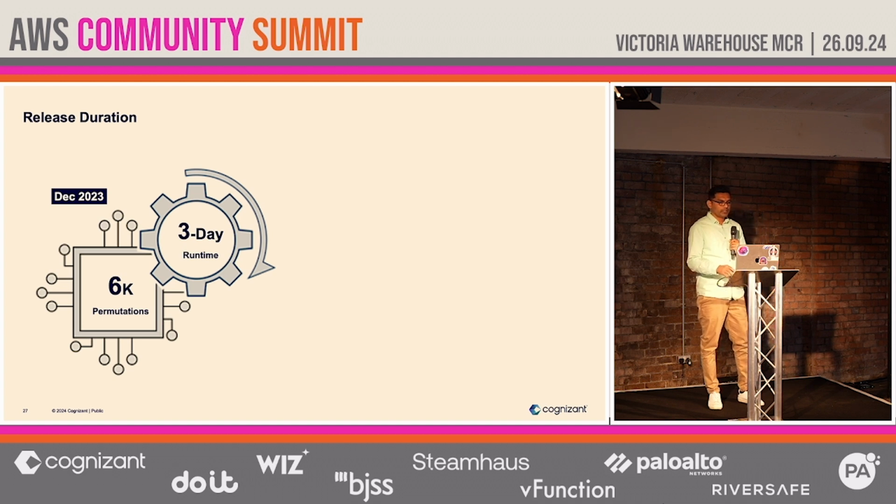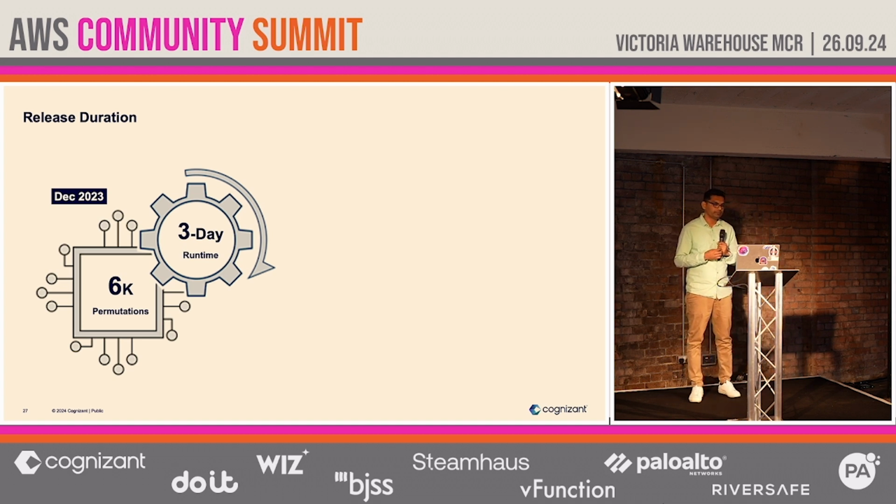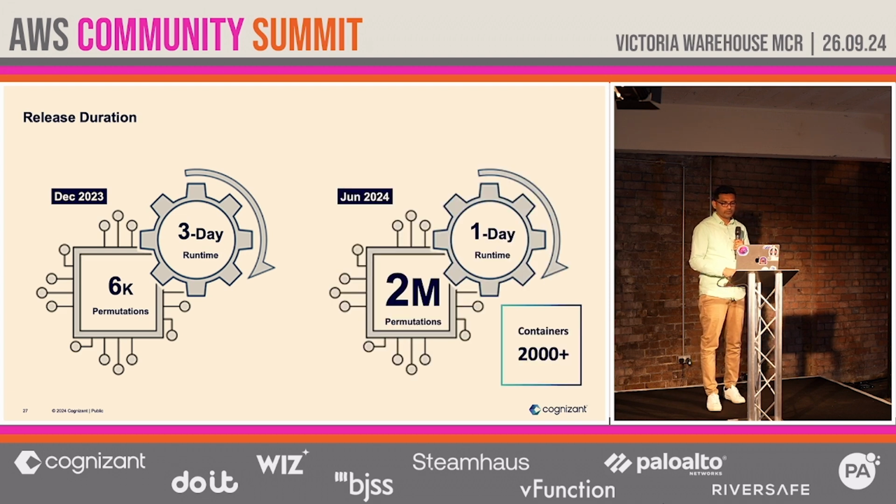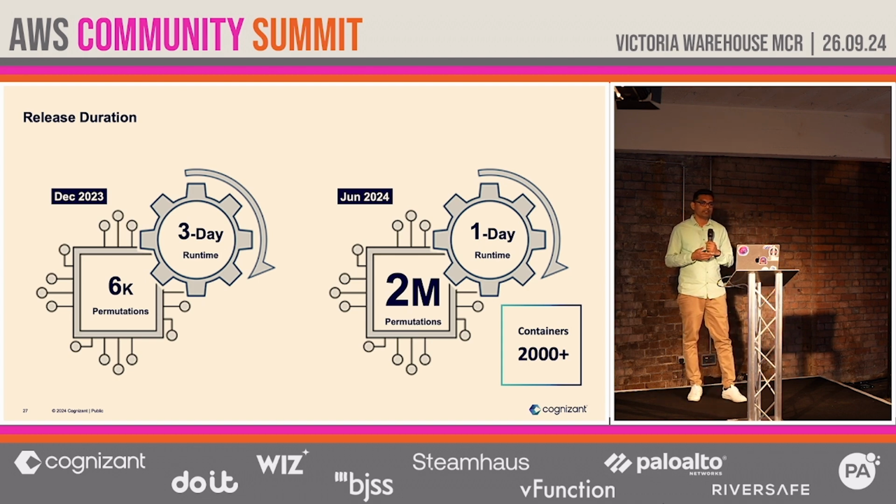With all this put together, when we did the initial MVP in December, we did 6,000 permutations, and it took us about 3 days to complete the release run. After that, we worked on all these improvements we discussed today, and with all that together, by June, we were able to run 2 million permutations, and we completed that in less than 1 day.